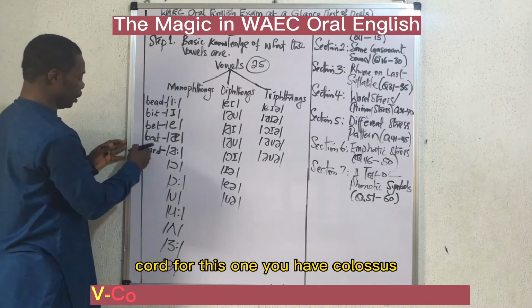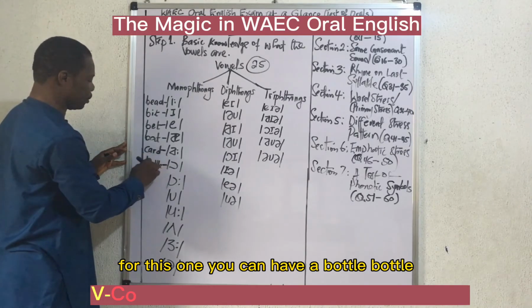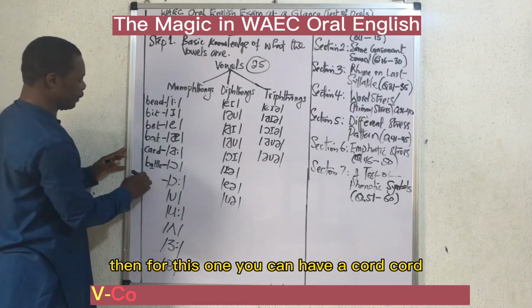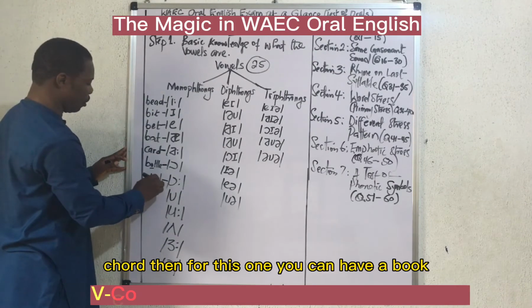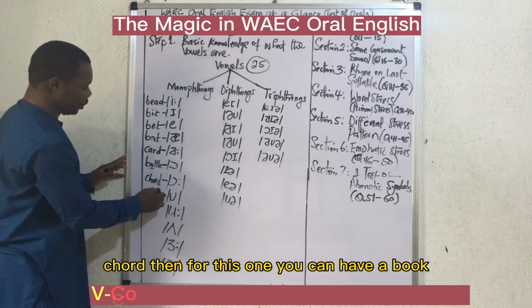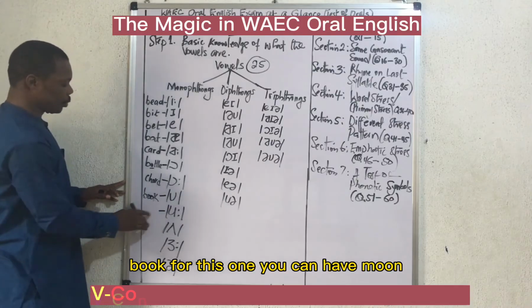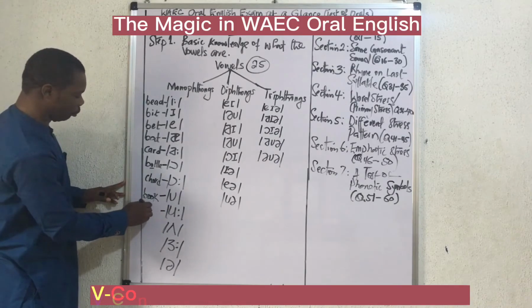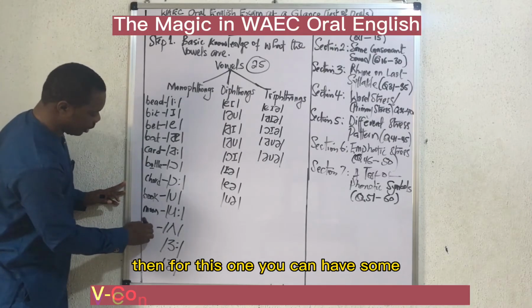For this one, claws as well. For this one, bottle. Then for this one, cord. Then for this one, a book. For this one, moon. That's a long one. Then for this one, sun.